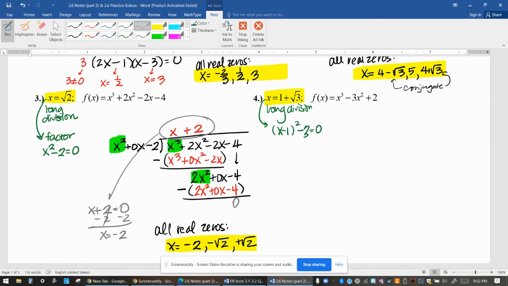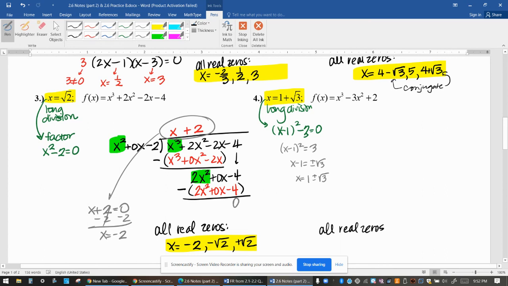Remember, you can check your work by just solving it. So solve it really quick, add the 3, square root, and add the 1. So what this means is that if 1 plus root 3 is a 0, then automatically, and this is a property of irrational zeros, if you know that 1 plus root 3 is an answer, then automatically 1 minus root 3 is also a solution.